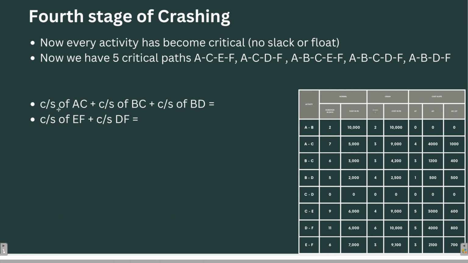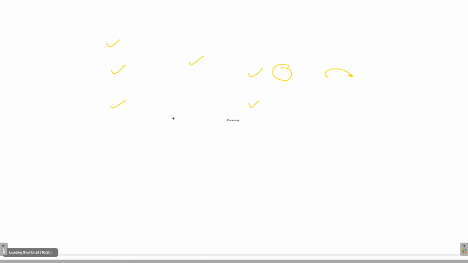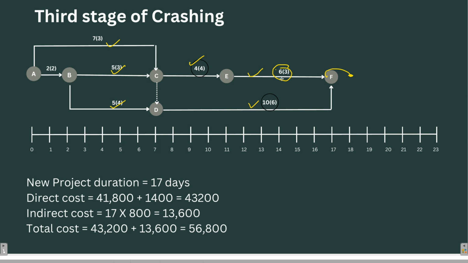So what is the cost slope of AC, BC, and BD? Again, it is the same, 1000 plus 400 plus 500, that is 1900. And the cost slope of EF and DF to be crashed together is EF plus DF. It will be 1500, right? So which one is smaller? Of course, EF and DF is smaller. So let's crash EF and DF.